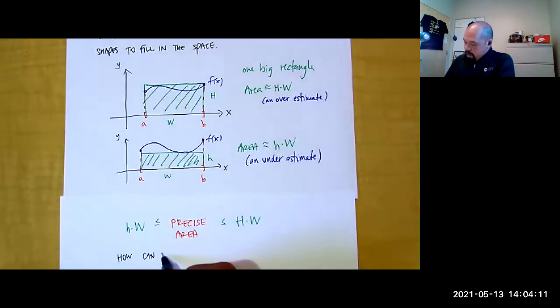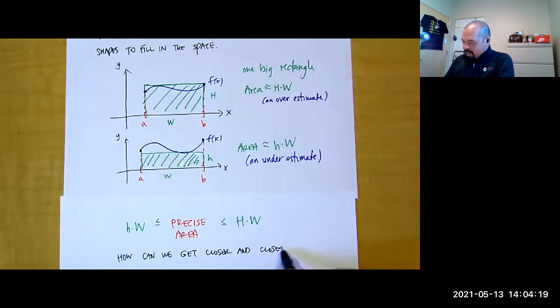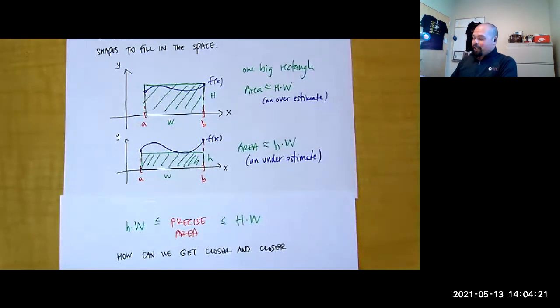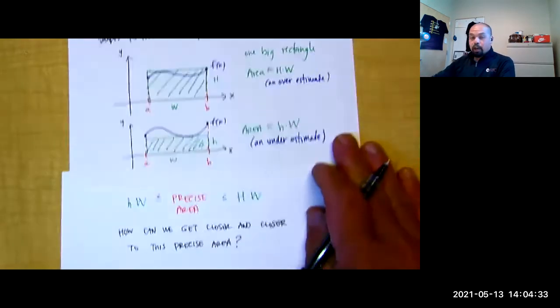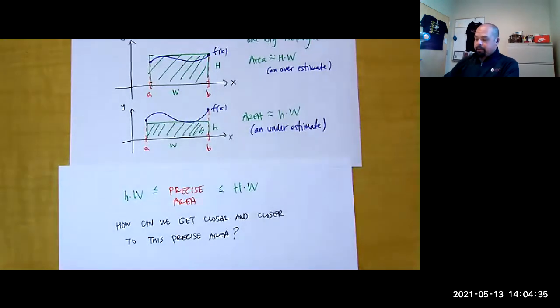How can we get closer and closer? Hopefully that language starts to bring in some of the calculus work we'll do later. Closer and closer to this precise area, the actual area under that curve.